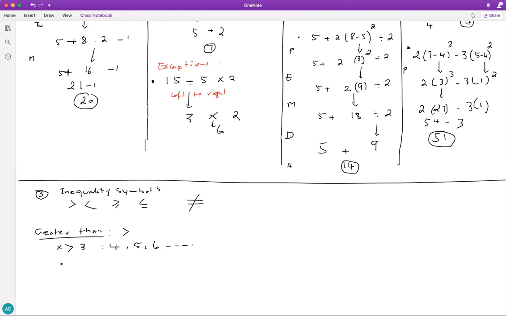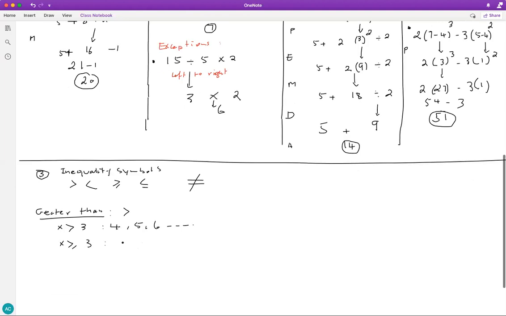So now, what if I said, give me a number that's greater than or equal to 3? This one was greater than 3, strictly greater than 3. We started from 4. But if we said, give me a number that's greater than or equal to 3, which number would you start from? 3. Exactly, from 3.